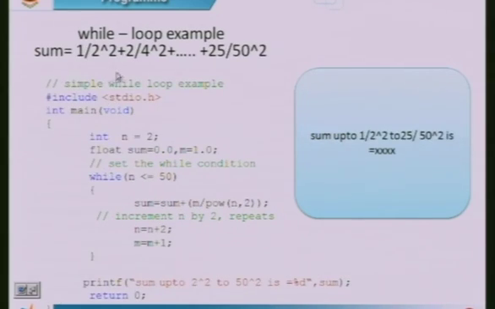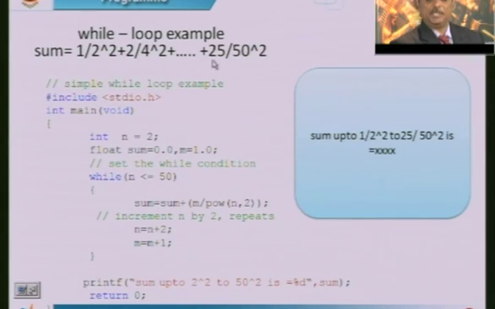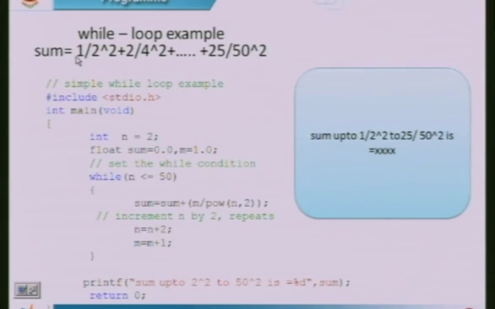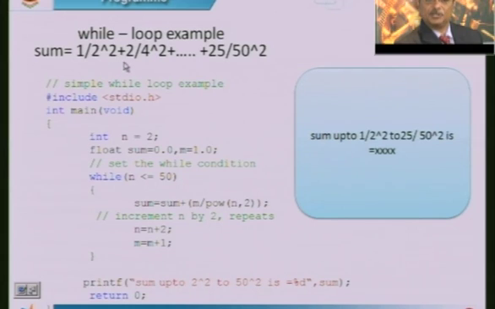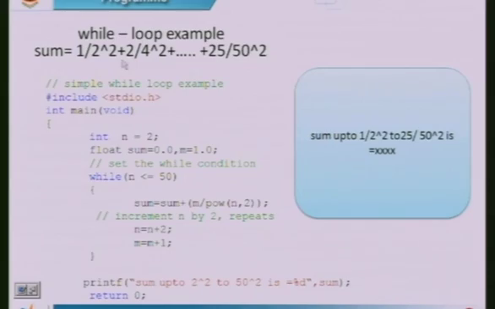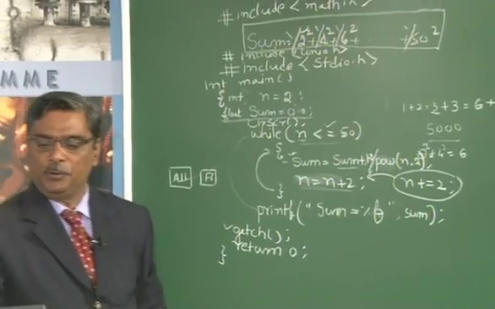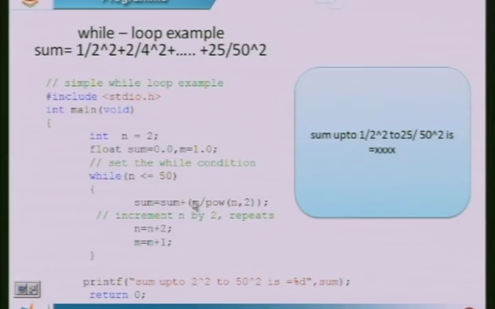Now 1 divided by 2 square, 2 by 4 square, up to 25 by 50 square. A change you can observe here: in the earlier program the numerator is the same, whereas here the numerator is also changing, 1, 2, 3 up to 25, and the denominator becomes 50 squared. The change for your program is, instead of keeping this term as a constant 1.0, you change it to m.